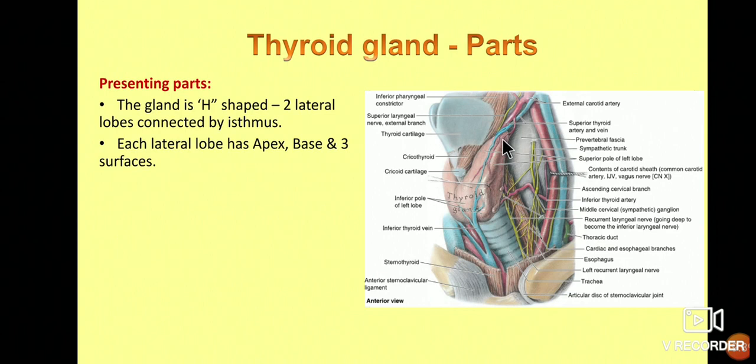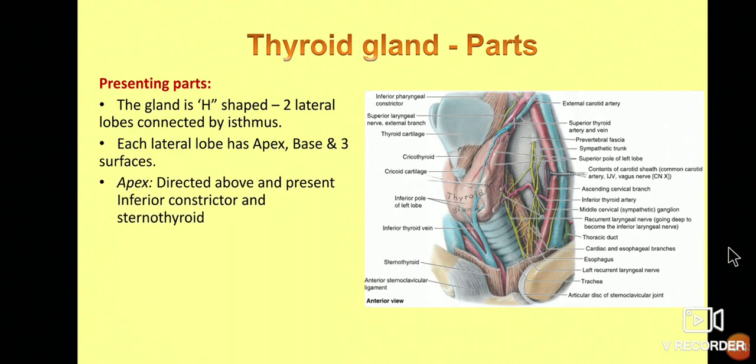The apex is sandwiched between the inferior constrictor and the sternothyroid muscle. It is present in the narrow space between them, and you can see the superior thyroid artery dividing into anterior and posterior branches at the apex.